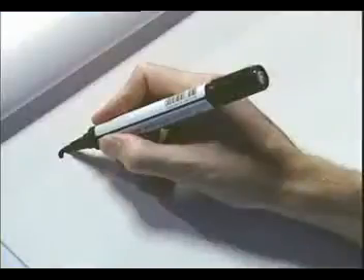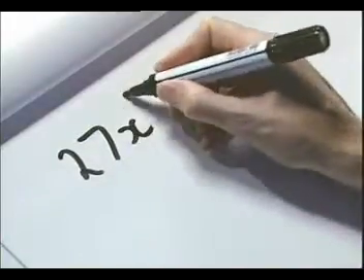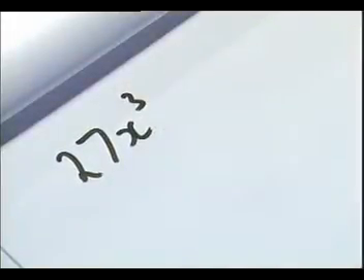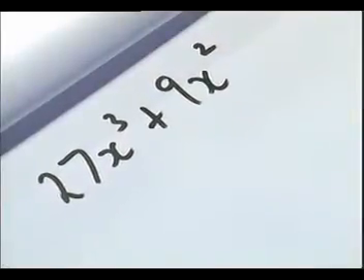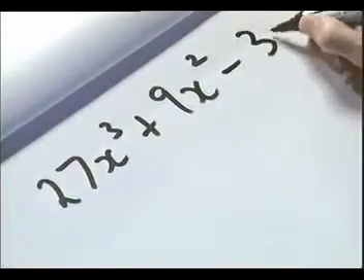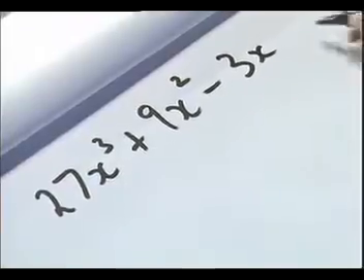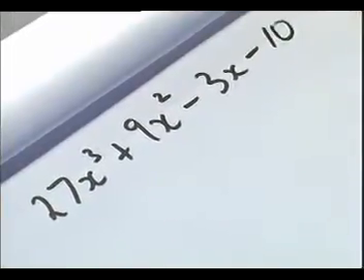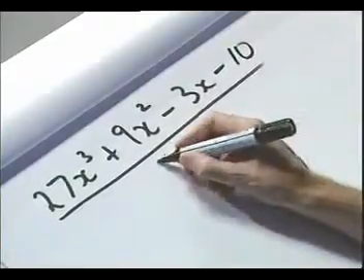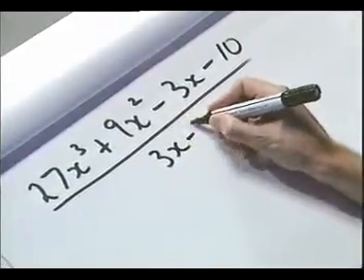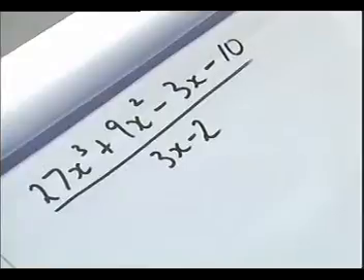So, let us take this. 27x cubed plus 9x squared minus 3x minus 10 all over 3x minus 2.